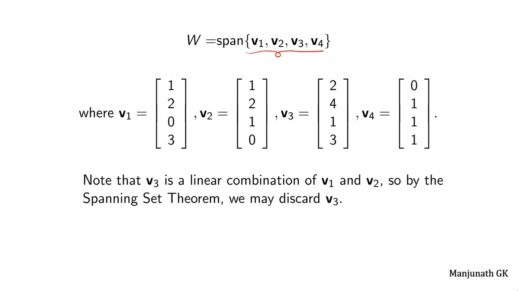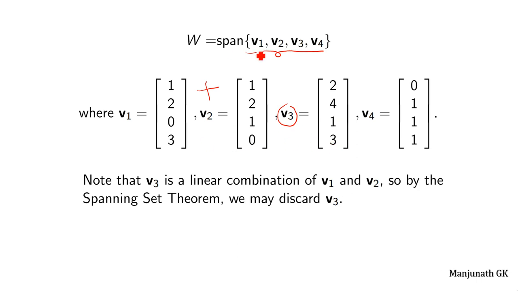Now you can observe v3 is dependent on v1 and v2. In other words, v3 can be expressed in terms of v1 and v2. That is written here because v1 plus v2 is v3: 1 plus 1 is 2, 2 plus 2 is 4, 0 plus 1 is 1, 3 plus 0 is 3.